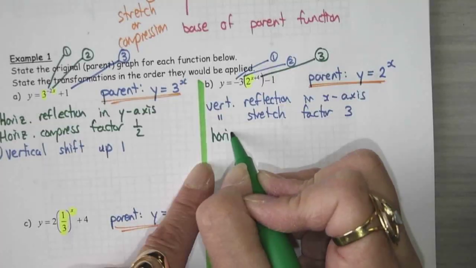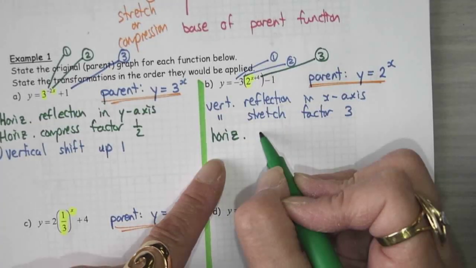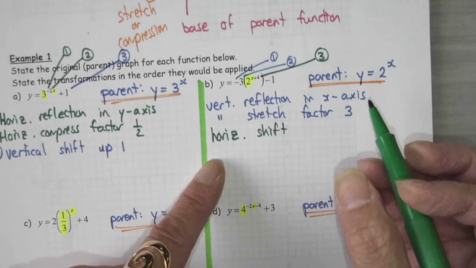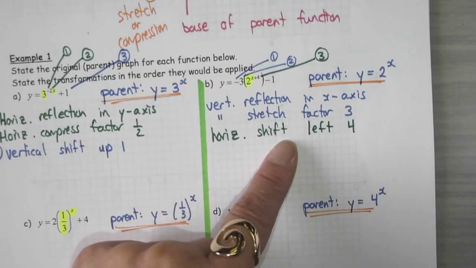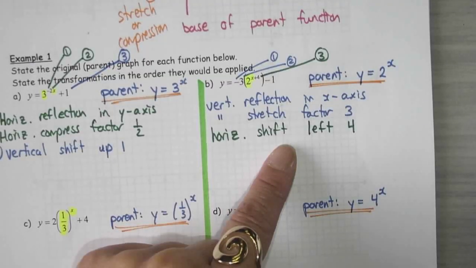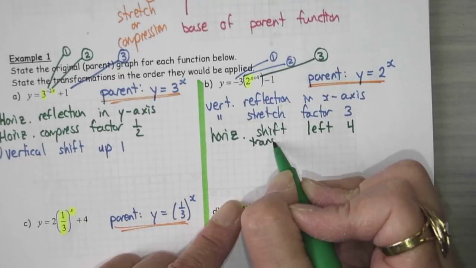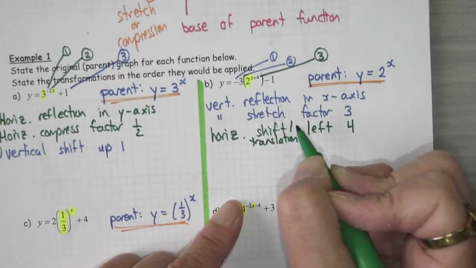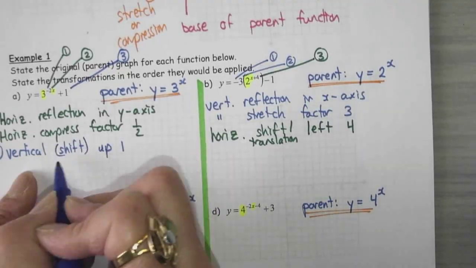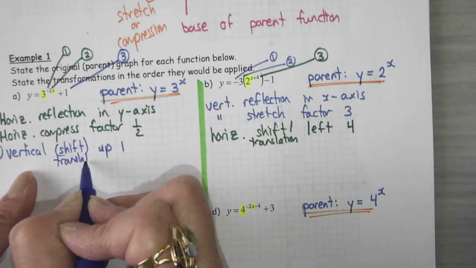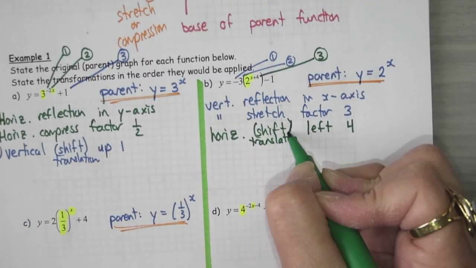And yes, it's a minus 4, right? Opposite. So it's going to shift which way? Shift left 4. Does that make sense? We're always doing opposite. Translation or shift, same thing.